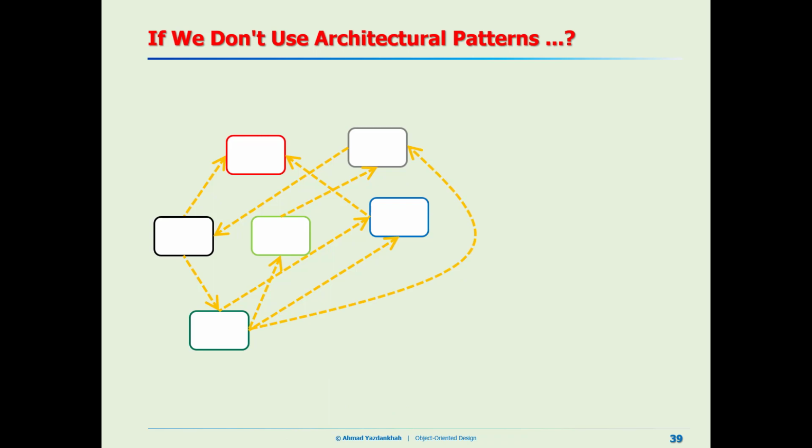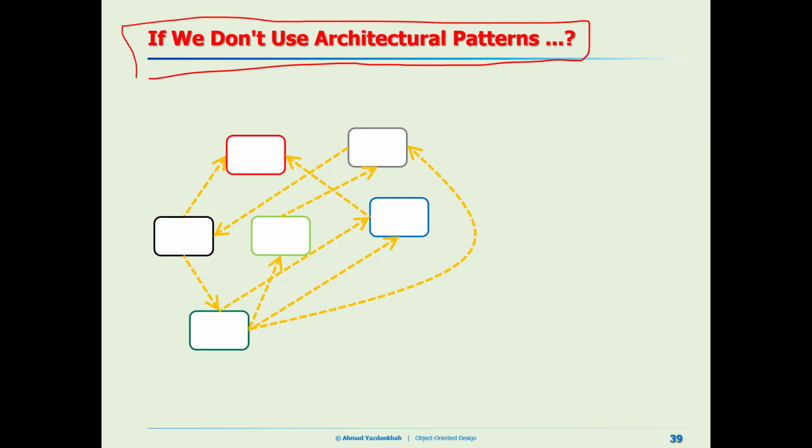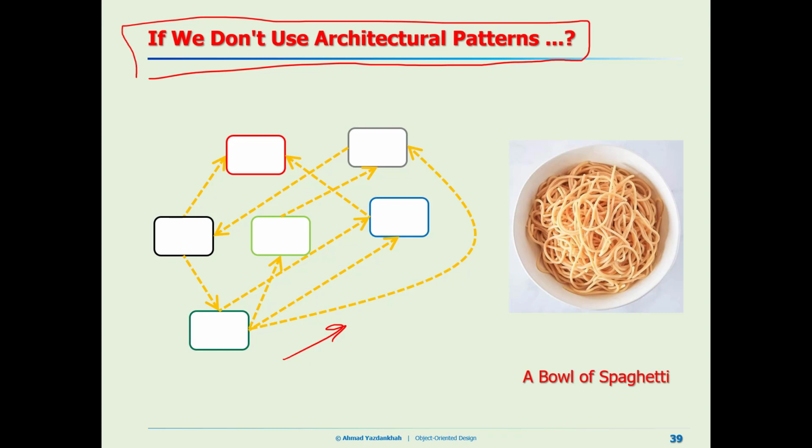So what is this? That's what would happen if you don't use an architectural pattern. So first you need to divide your software into some layers, right? And then each layer will be independent, right? Do you see any similarity between this code and this bowl of spaghetti? Yeah, they are very similar, right? That's why we call this kind of horrible design a spaghetti code or a spaghetti design.